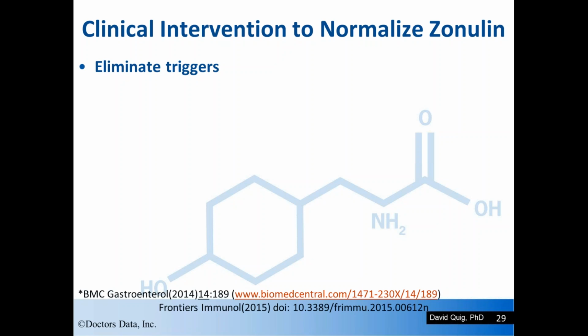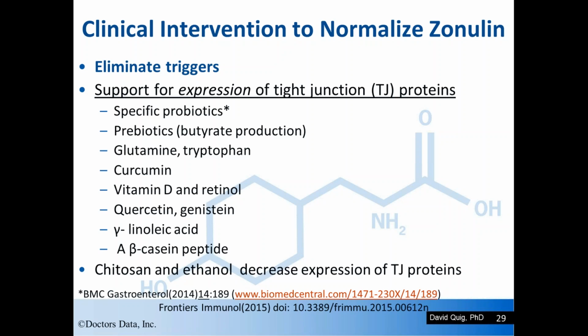We know what some of them are, but short of eliminating the triggers, we have a plethora of research that indicates that we can at least support the expression of the tight junction proteins using specific probiotics, prebiotics, glutamine, tryptophan, curcumin, vitamin D, and retinol, quercetin, genistein, gamma-linolenic acid, and believe it or not, a beta-casein peptide.